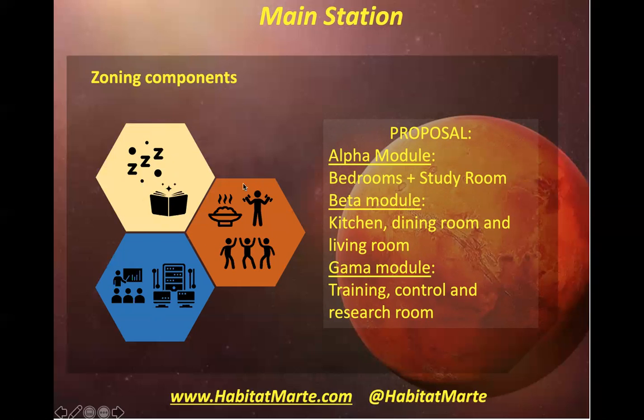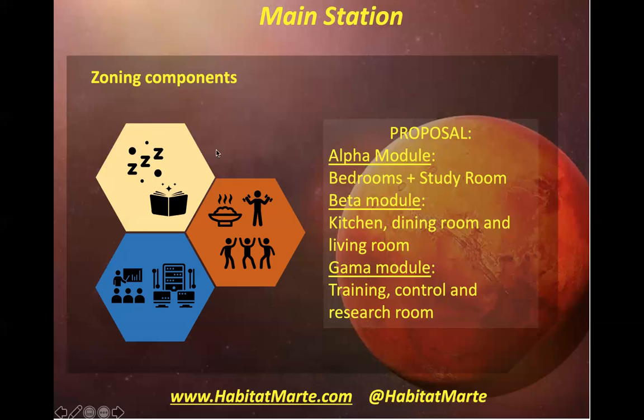In the beta module, it's possible to find the kitchen, dining room, and living room, also the gym, and also the entertainment area here. And the third one is the gamma model for training, control, and research room.